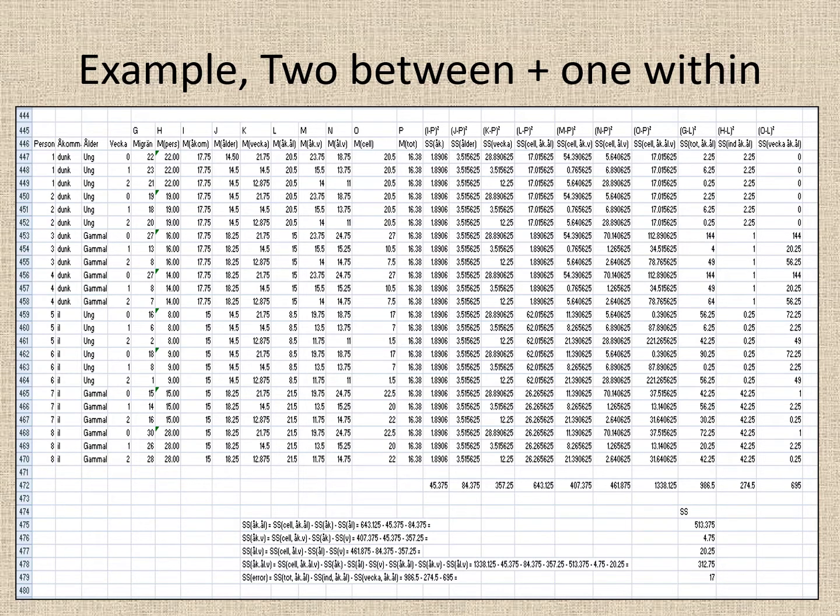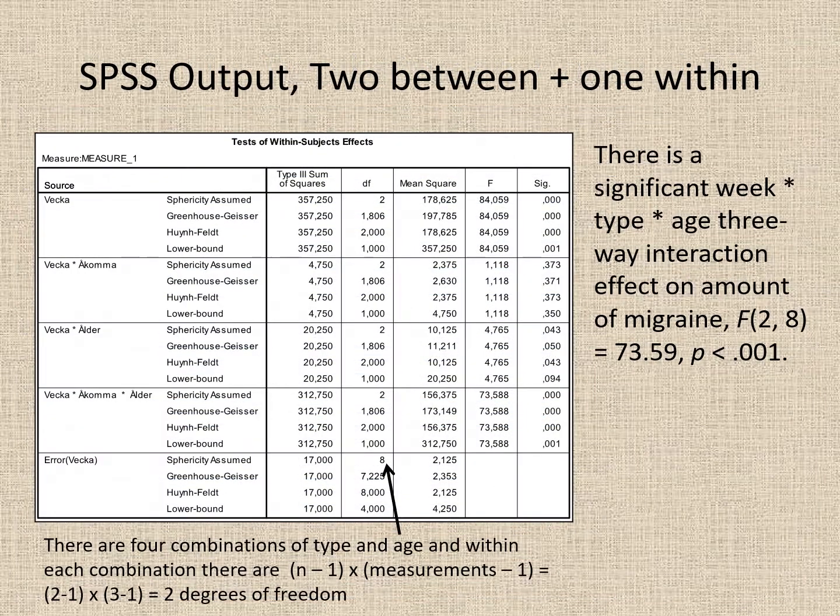So in this example, we have what week it is, what type of migraine you have, but we also add age group, what age group you belong to. So what conclusion do we draw from this? There is an effect of week. So the average level of migraine differs between at least 2 of the weeks.